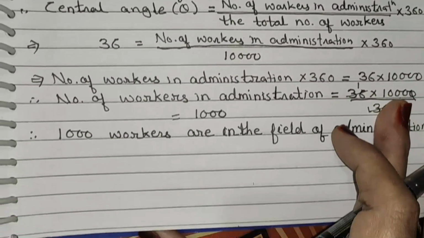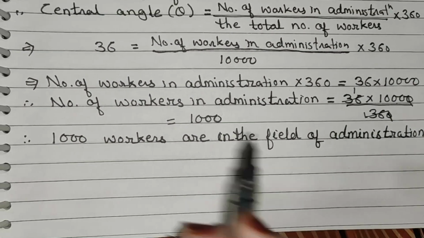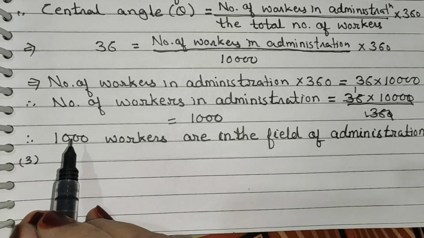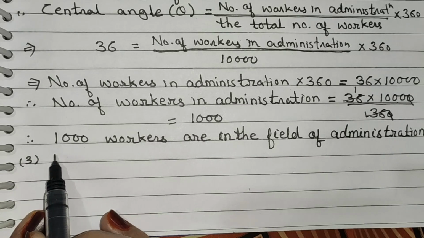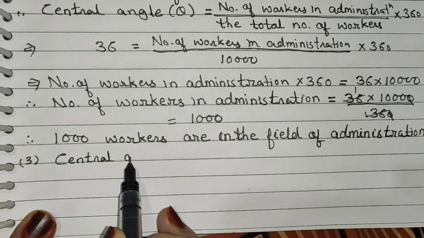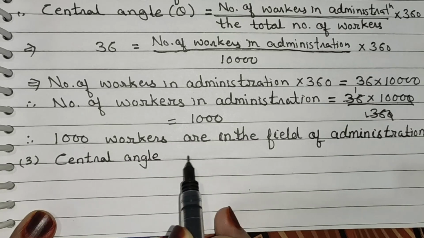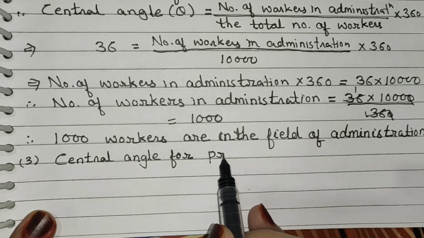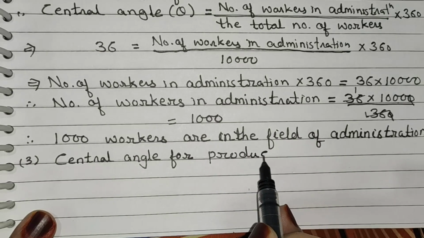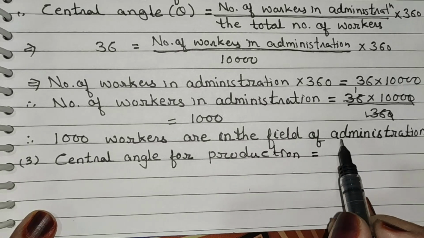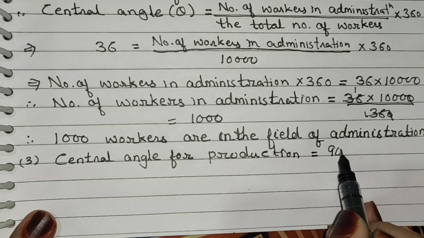Therefore, write down here, the central angle is given here. Therefore, the central angle for production is equal to 90 degree.